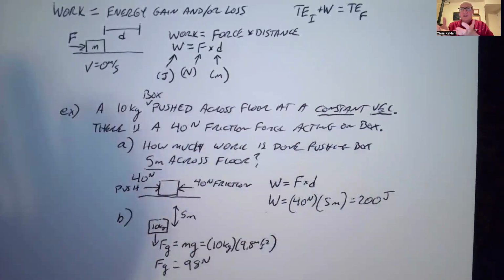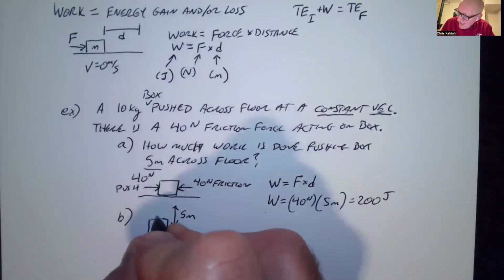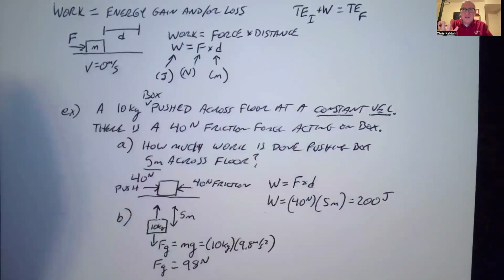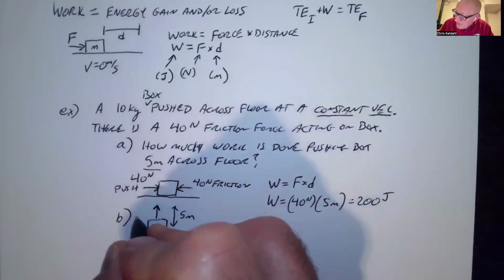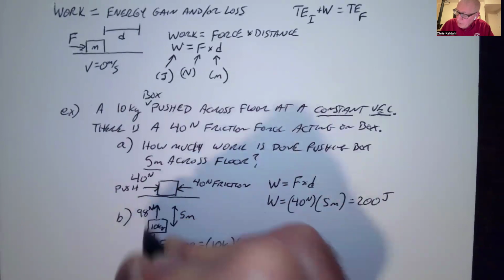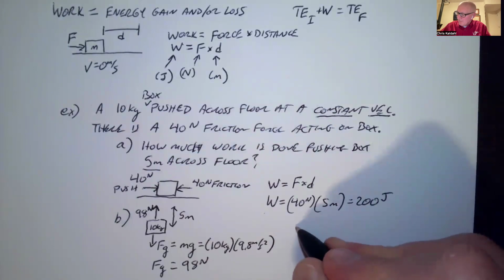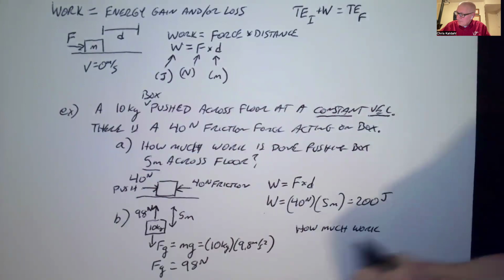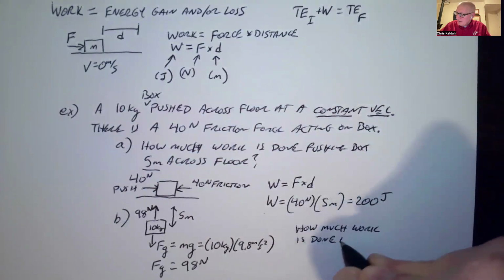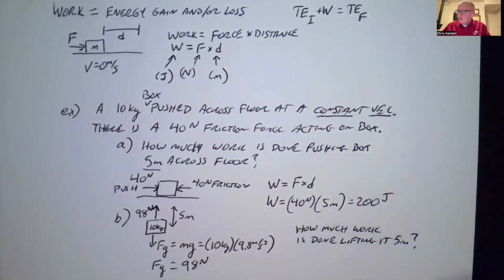So again, same sort of logic. If all I want to do is just raise this thing up, I'm not going to be able to lift it if I only exert 30 or 40 or 50 newtons. But the instant that I exert 98 newtons, just a smidge more than 98 to get it started, and then 98 to maintain its motion, so the force that I would have to exert here would be 98 newtons. So since we're trying to find how much work is done lifting at 5 meters, we would again go back to our formula.